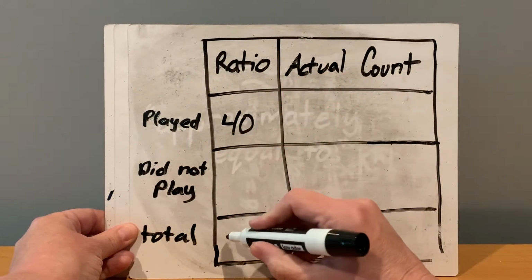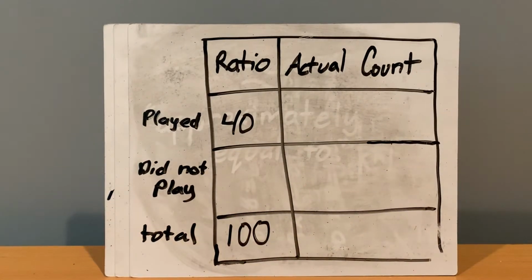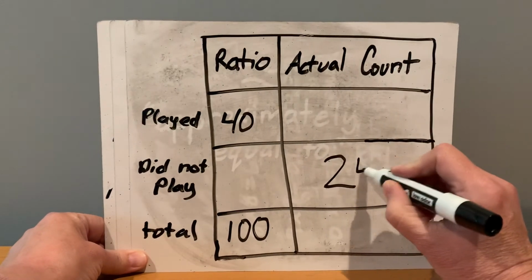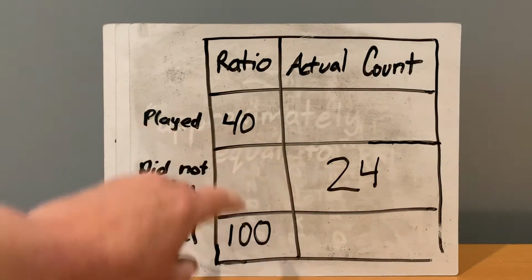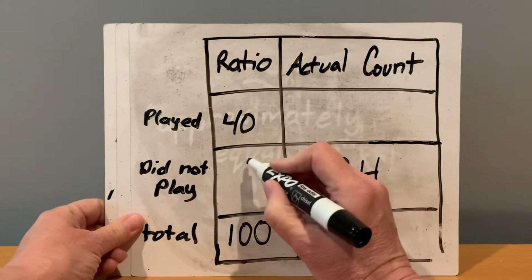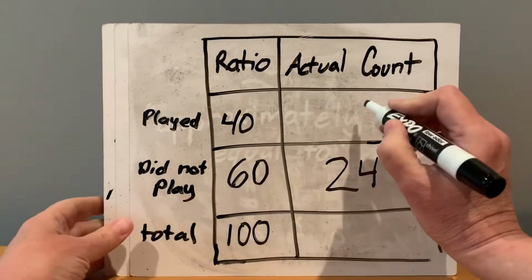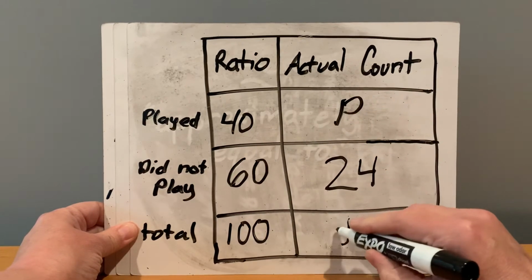We know that the total is 100%. And then it tells us 24 team members did not play. So right here, did not play, we know 24 did not. Now, we can fill in the rest of the amounts. We know if 40 played and the total is 100, that 60% did not play. And then we'll go ahead and put a P for played and a T for total.